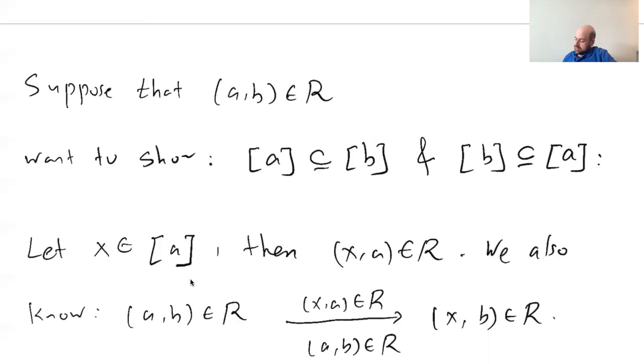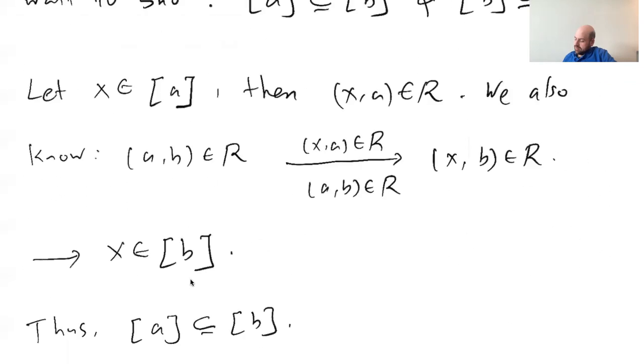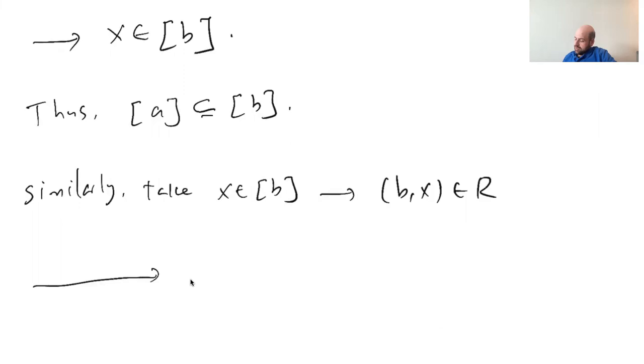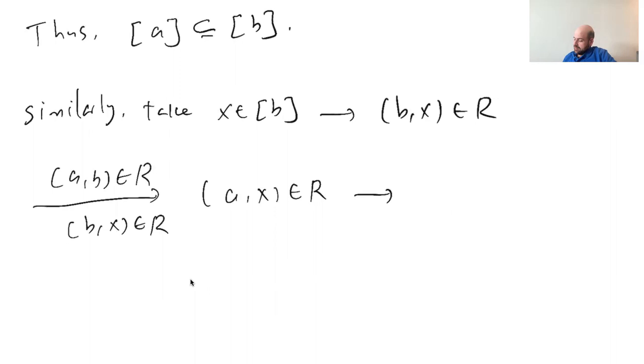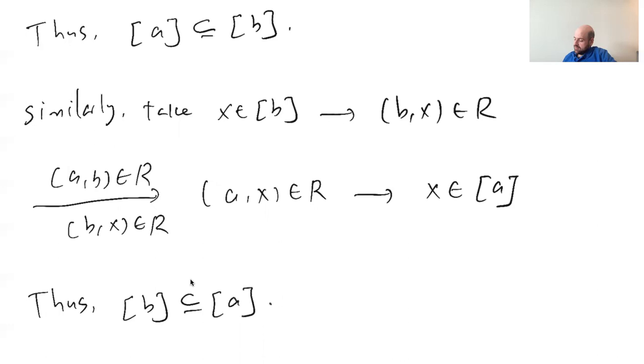And we were assuming that (A, B) is also in R. So (A, B) is in R and (B, X) is in R. These two together mean (A, X) is in R. (A, X) in R means that X belongs to the equivalence class of A. So we can conclude that the equivalence class of B is a subset of the equivalence class of A.